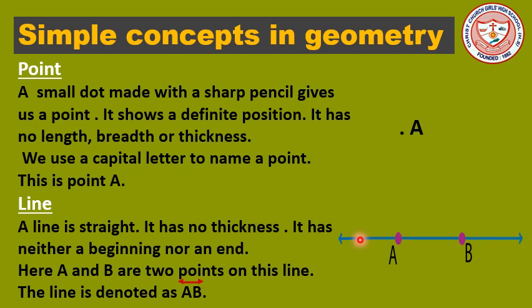These arrowheads signify that this line is extending unendingly on both the ends. Why so? Because we know a line has neither a beginning nor an end. Clear?